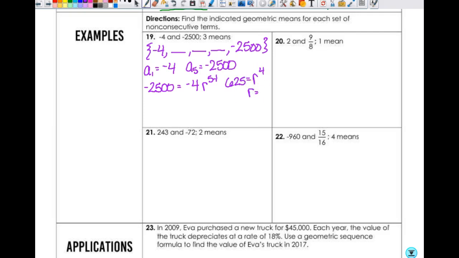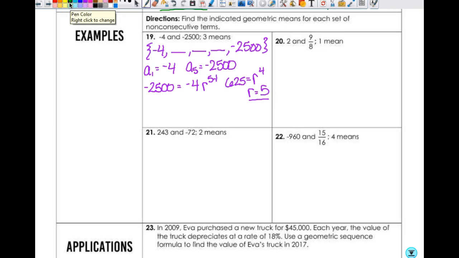So I can figure out what R is. The 4th root of 625 is what? 4th root, you can also take the square root and square it again. Square root of 625 is 25. Square root of 25 is 5. So R is 5.